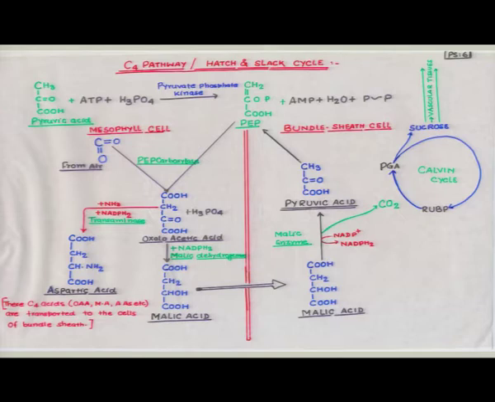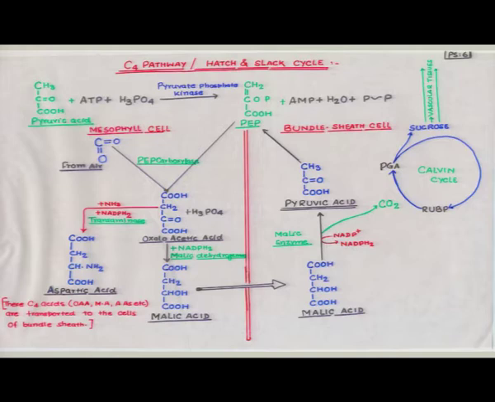Instead of RuBP, the first acceptor of carbon dioxide in C3 cycle, here instead of that there is phosphoenol pyruvate, which is the acceptor of carbon dioxide. This phosphoenol pyruvate is formed in the C4 plant.